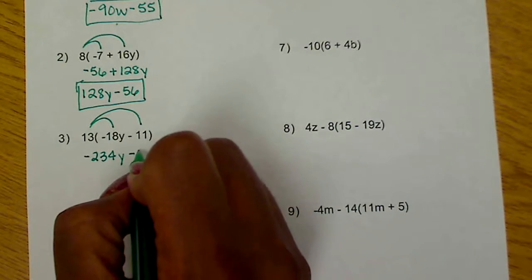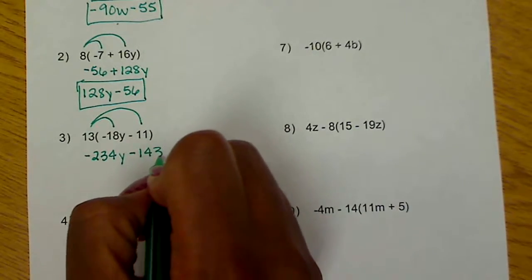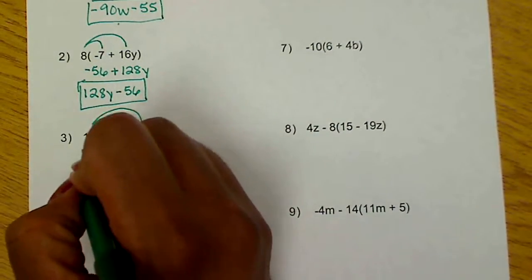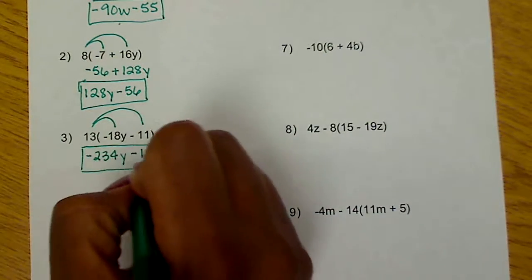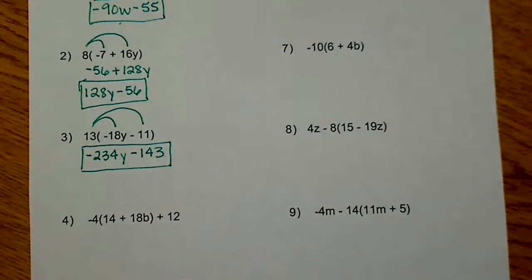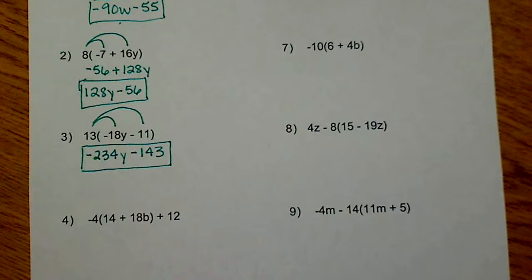Negative 143. My variable term is already first, so this would be my answer. So we're pretty comfortable with that.